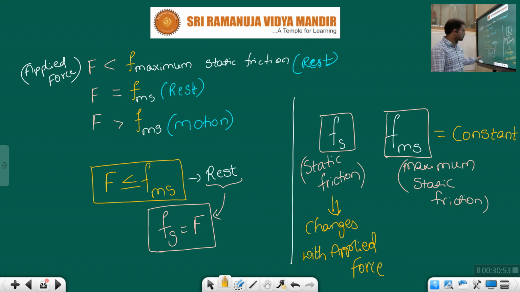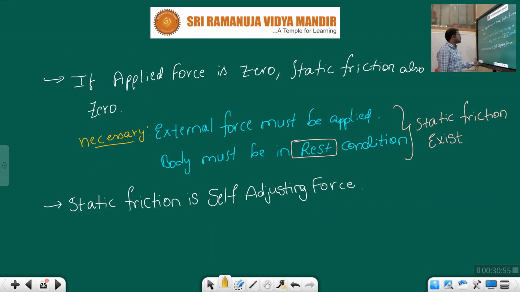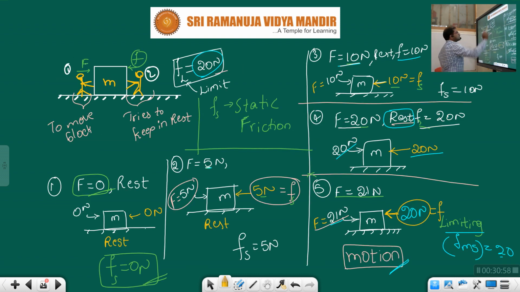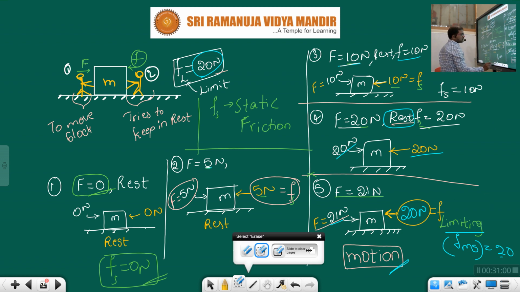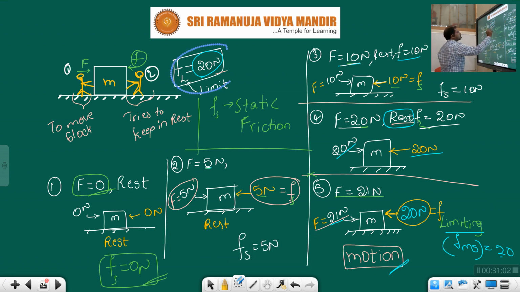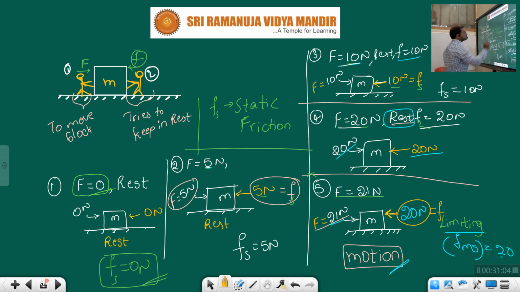In this problem it is 20 newtons, children. See, children, I will write clearly here again. In this example, FMS is how much, children? 20 newtons. We considered 20 newtons.